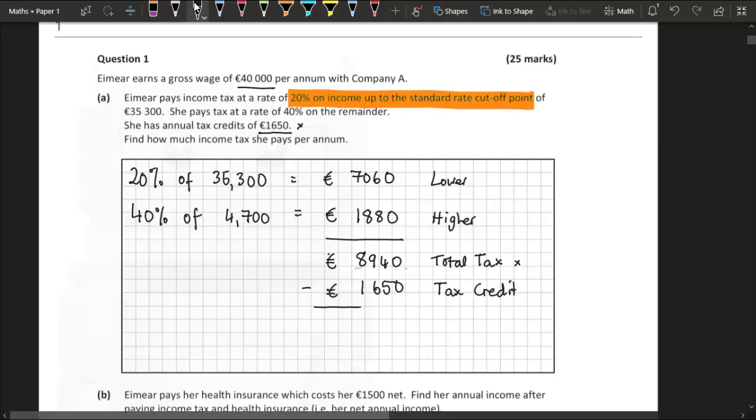Take your tax credit away and you end up with a total of 7,290. And this is what the question is asking: how much income tax she pays. So this here is your final tax paid. So that's the first part of that question.